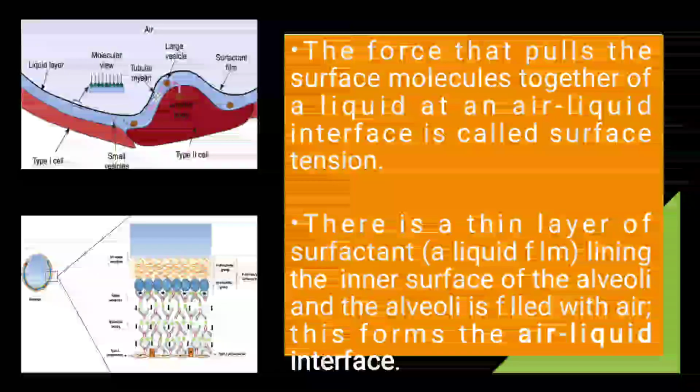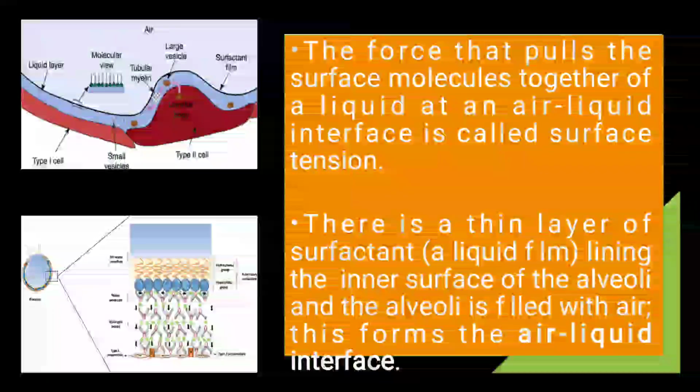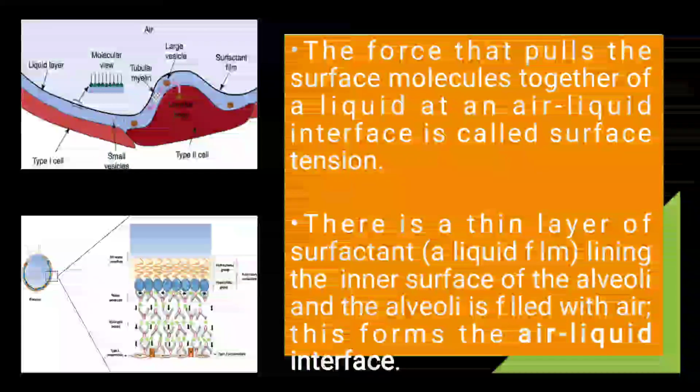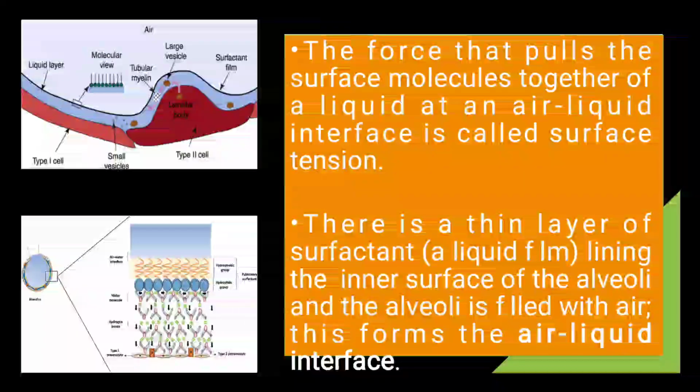So now what is surface tension? It is the force that pulls the surface molecules together. From your knowledge of physics, you know that the force that pulls the surface molecules of a liquid together at an air liquid interface is called the surface tension.